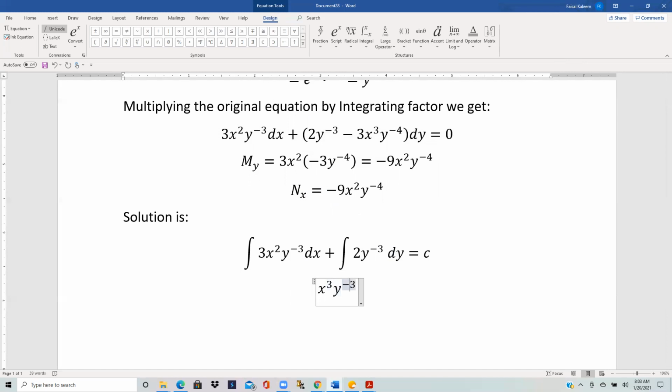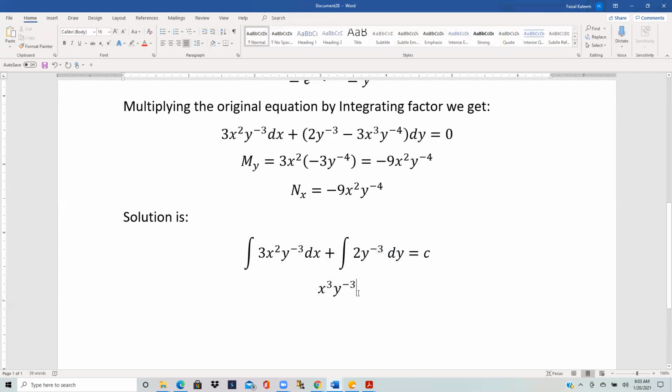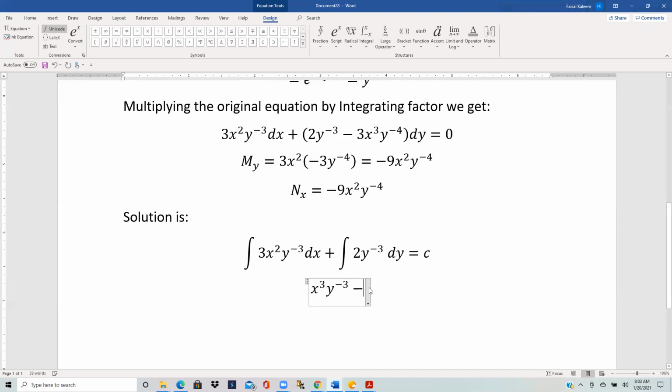And the integral of 2y to the -3 is 2y to the -2 over -2. So the 2's cancel out. So that's just y to the -2, negative, is equal to c. So that's our answer. x cubed y to the -3 minus y to the -2 is equal to c.